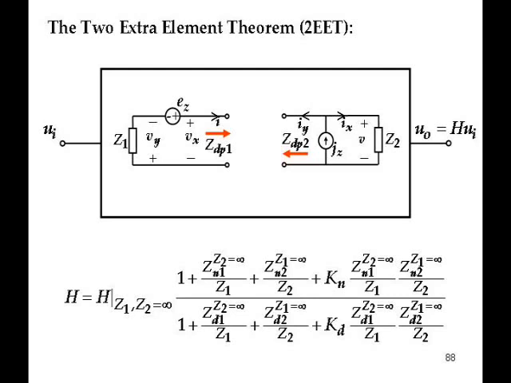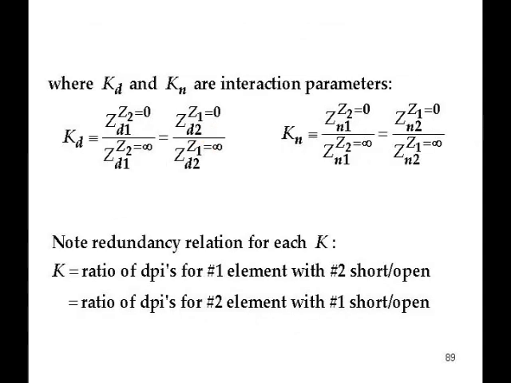Now, what are Kn and Kd? Well, again, you don't have to understand exactly all the details of this, except it's better to remember it in words anyway. K is the ratio of the driving point impedances for number 1 element, with number 2 short in the numerator and number 2 open in the denominator. So think about what that means physically.